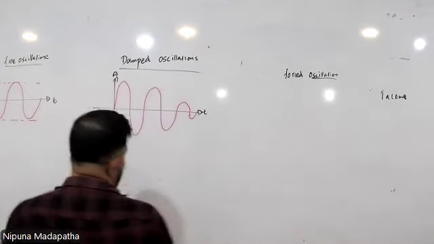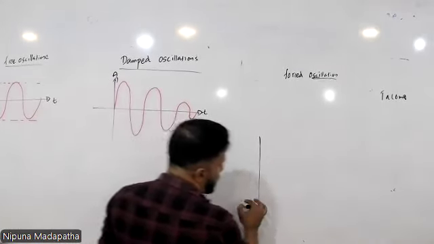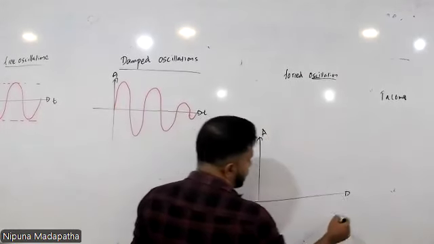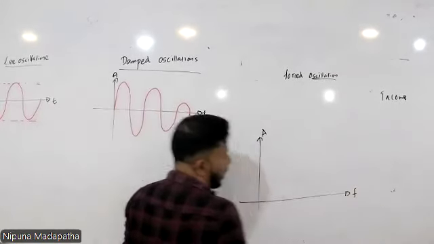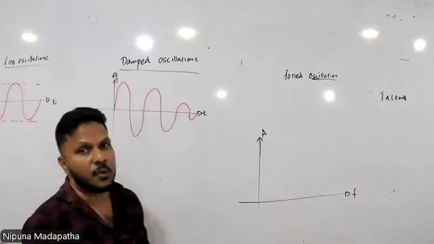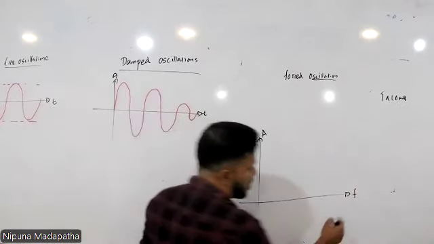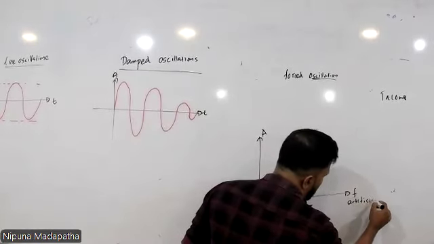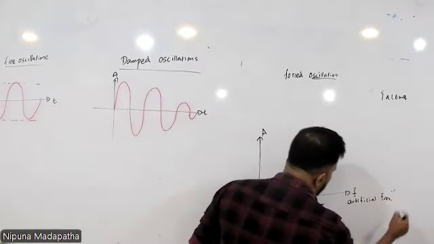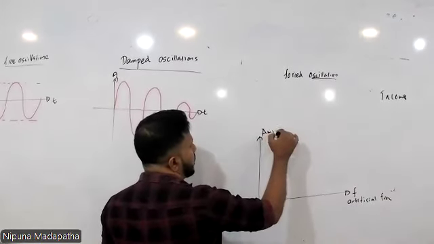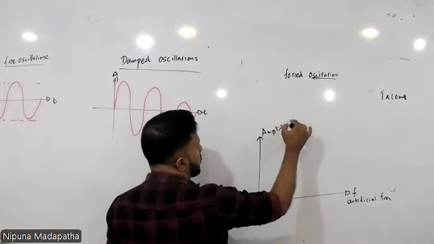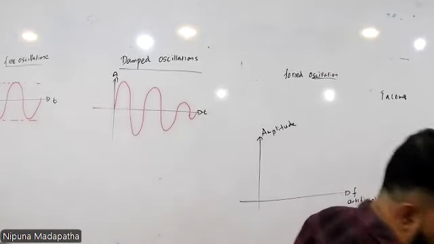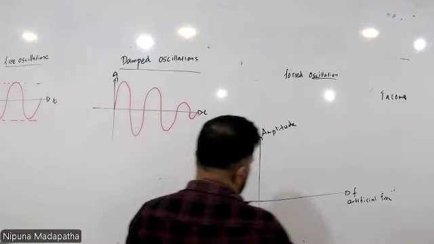When a body resonates, this is how its amplitude changes with the artificial frequency.